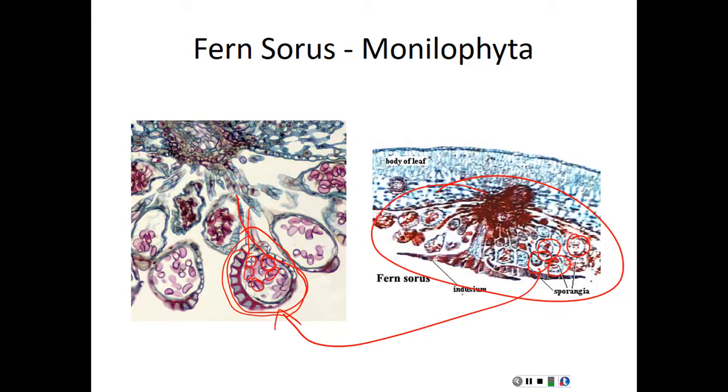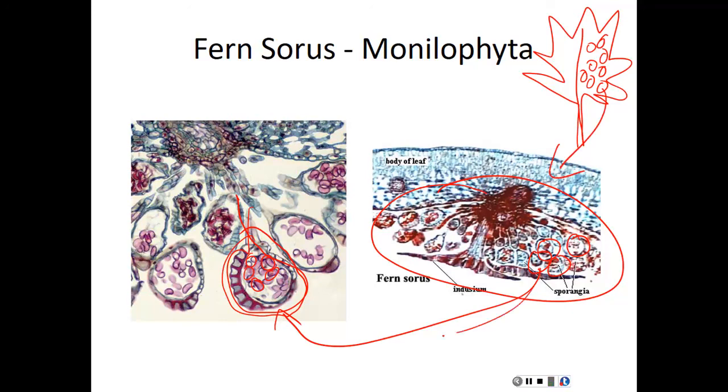Then if we look at this sorus as a whole, there are numerous sporangia. And if we were to look at a fern leaf, like you did in lab, each leaf would have numerous sori. So there's a sori with a sporangia with lots of spores.